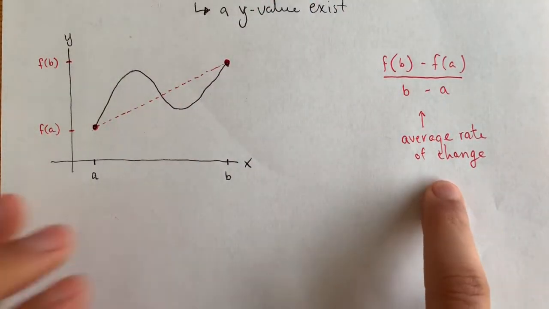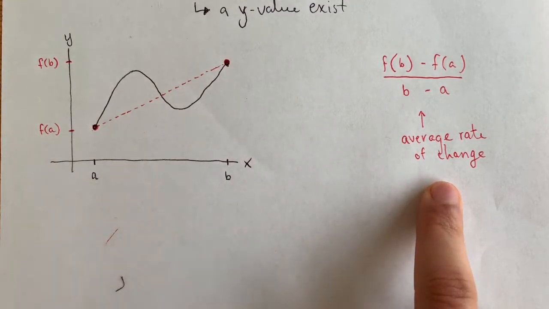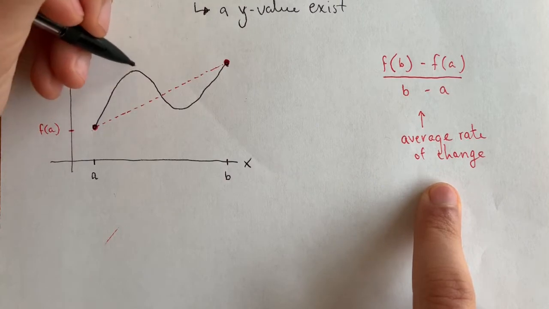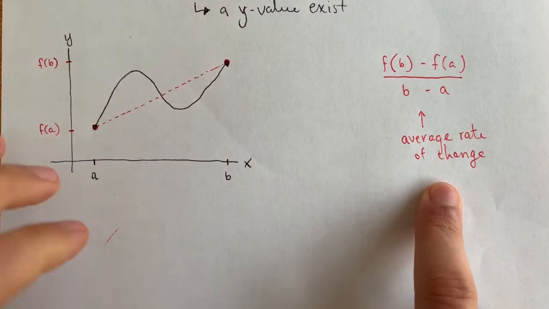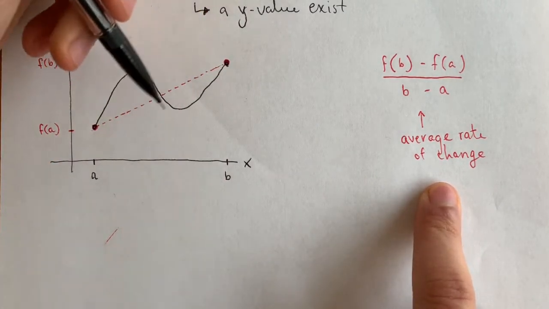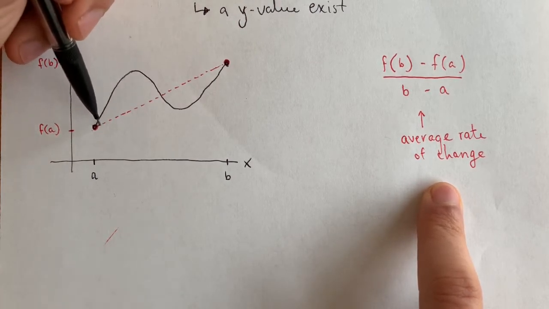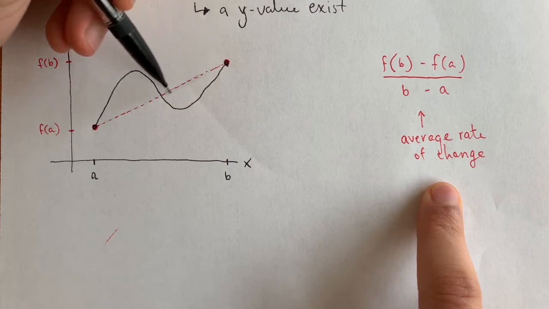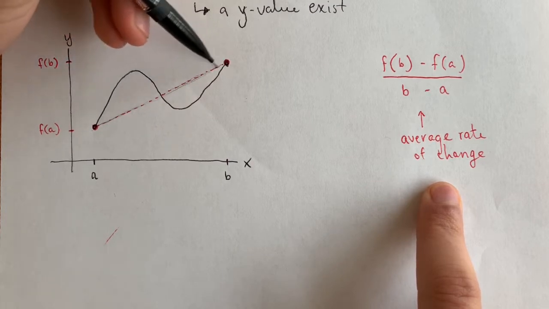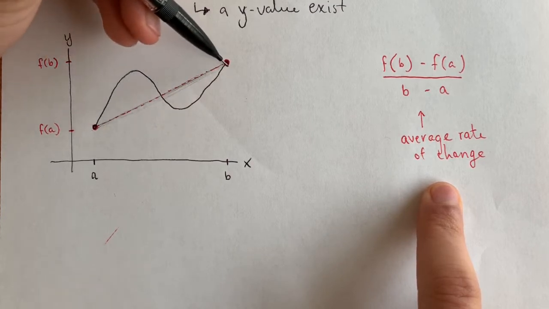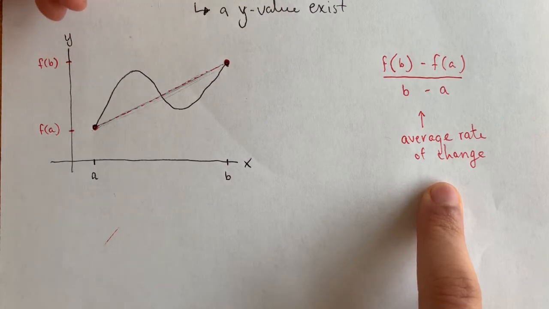All right, so what we now say with the mean value theorem is this, that at some point throughout this stock's ups and downs, it must have had an instantaneous rate that is equal to this average rate. So the average rate is this secant line's slope. The instantaneous rate would be a tangent line's slope.